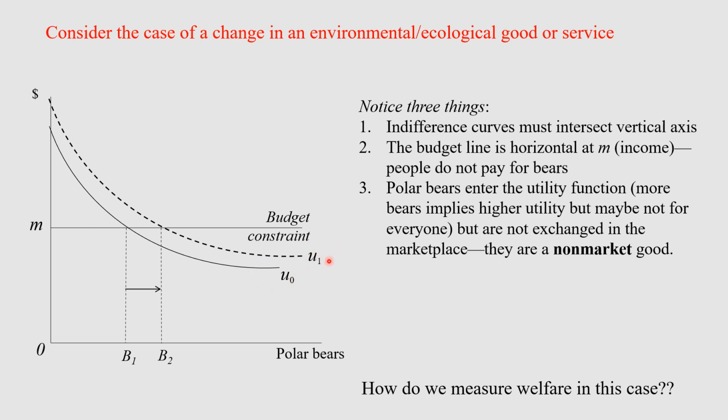Second, the budget line is horizontal at point M because people do not have to pay for bears. And third, polar bears enter the utility function only because people like more polar bears, or some people are afraid of polar bears, so it could be negative in that case.